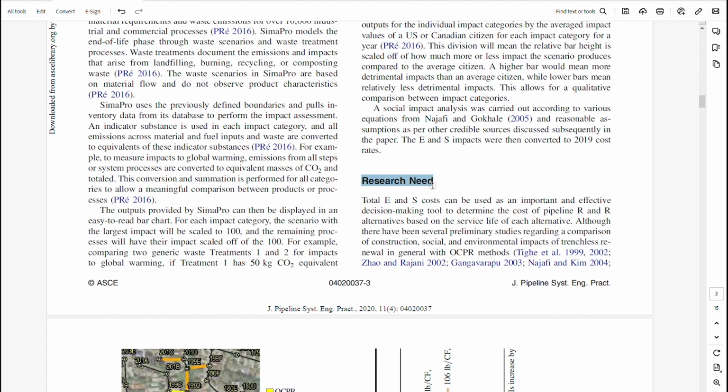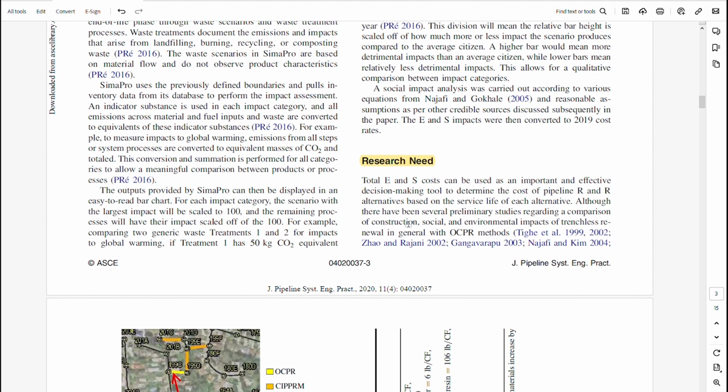So we have a section called research need, which means that several works were done in the past, but this is why this particular work is being done, because maybe in the past some of the things were done and some were not. So they basically recommended this particular job or work or research to be done, which is why it is being done.